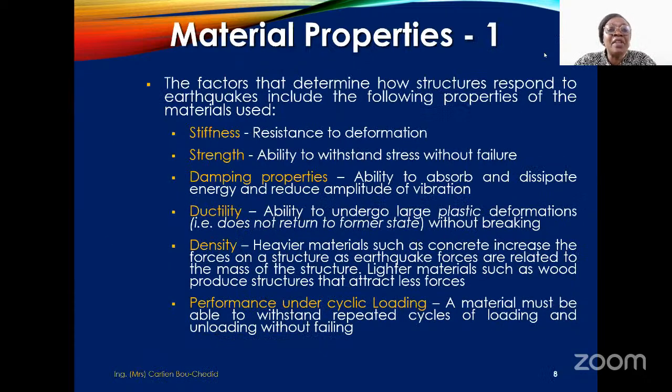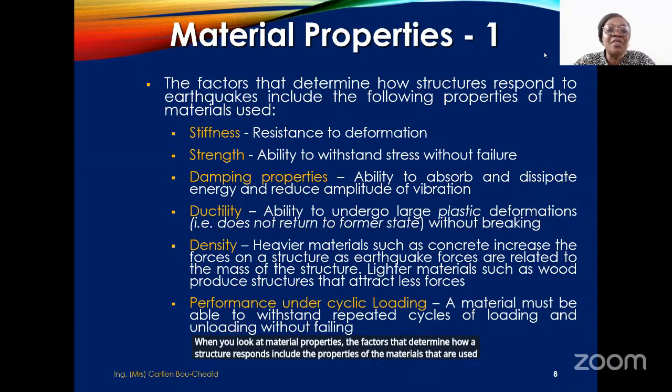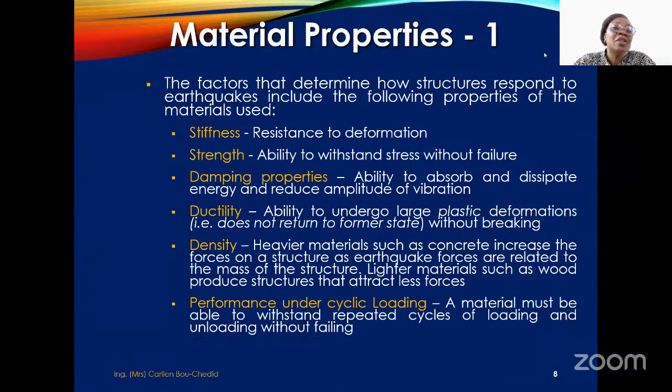When you look at material properties, the factors that determine how a structure responds include the properties of the materials that are used. So stiffer materials that are resistant to deformation are better. So you would certainly pick concrete over adobe if you were just building a normal traditional adobe building.